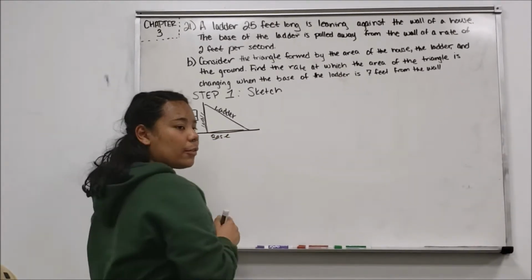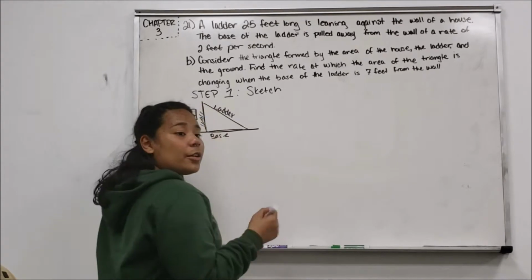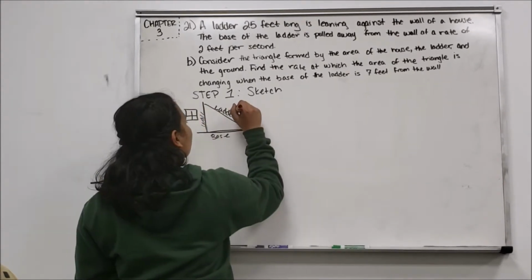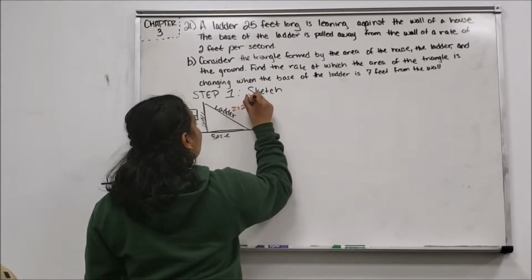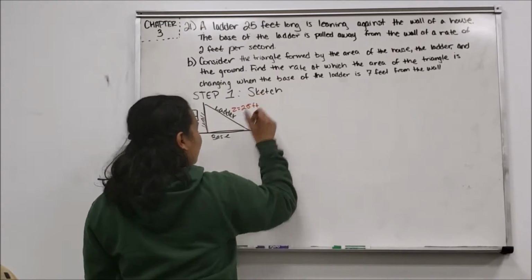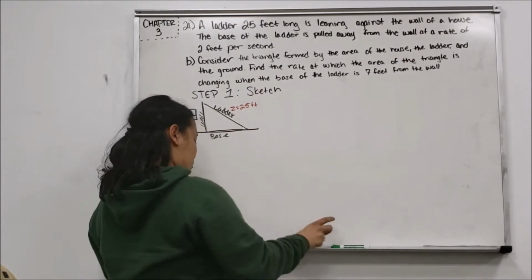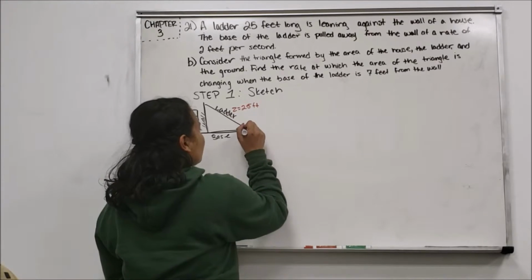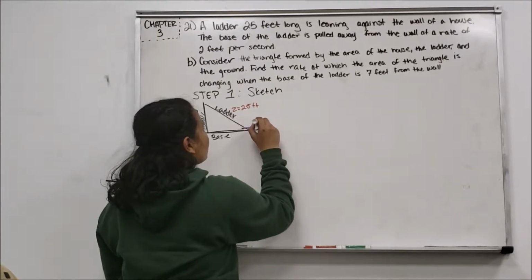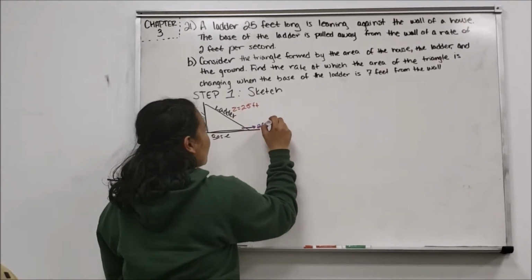Now, from what we have learned, we know that our Z is 25 feet. We know that this is going this way by 2 feet per second.